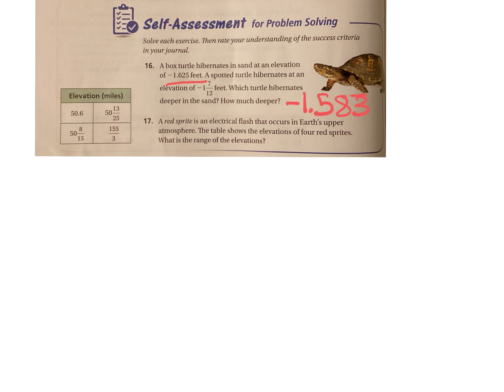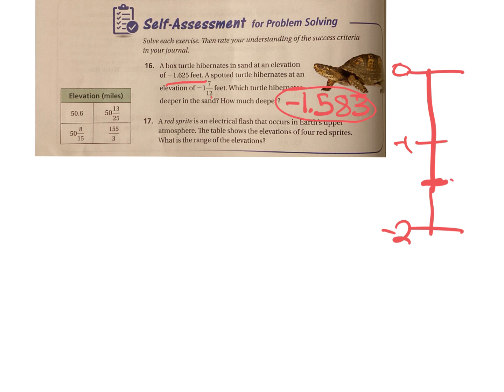Okay. So when I put them on an elevation line here, if I have 0 right here, negative 1, negative 2. The spotted turtle hibernates at negative 1 7/12, which is the same as this. So that I'm going to put right here.